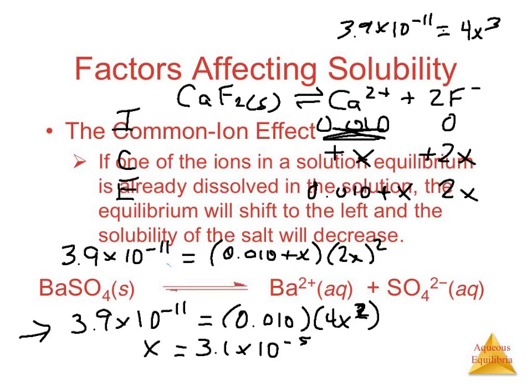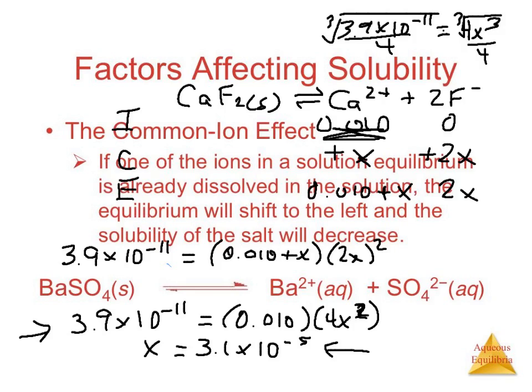So you divide both sides by 4, and then take the cube root of both sides, and then that's going to give you your solubility that it typically has, and that number is going to be bigger than this number.